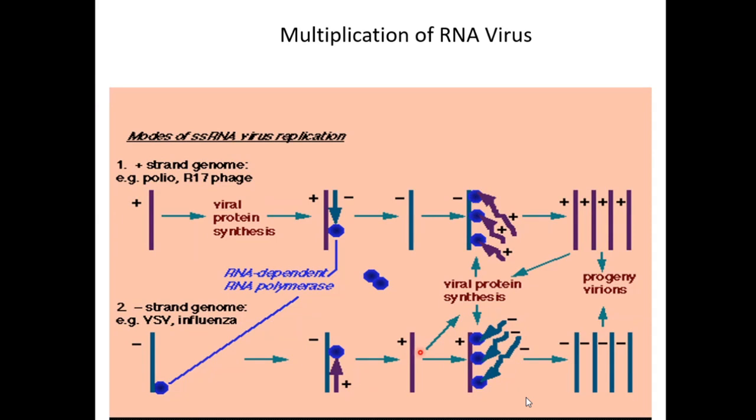In positive polarity, we make more protein synthesis, structural protein synthesis. But also from this positive polarity or messenger RNA, there will be more copies of genomic material of this virus, which are required for new viral particles.